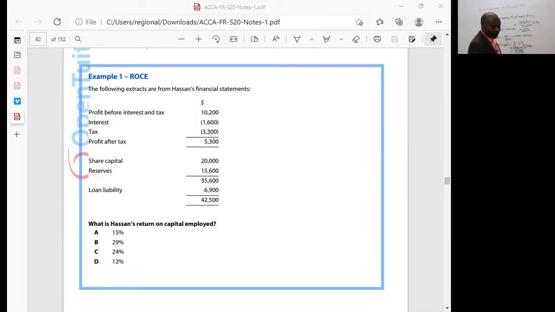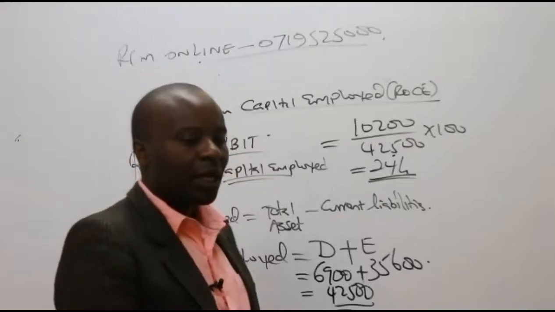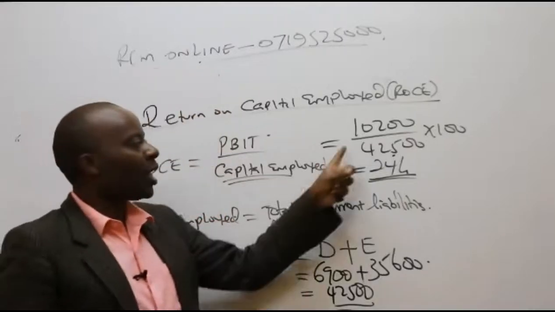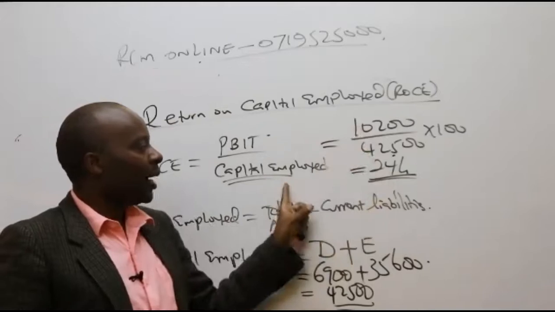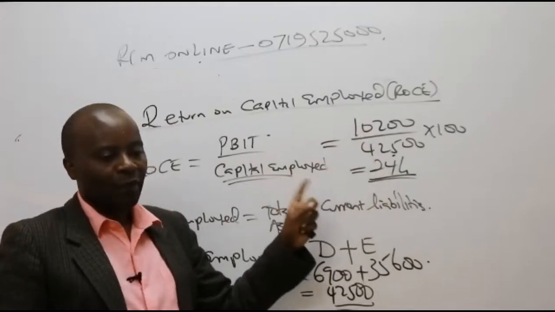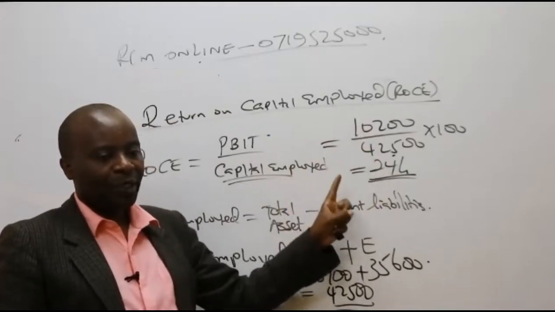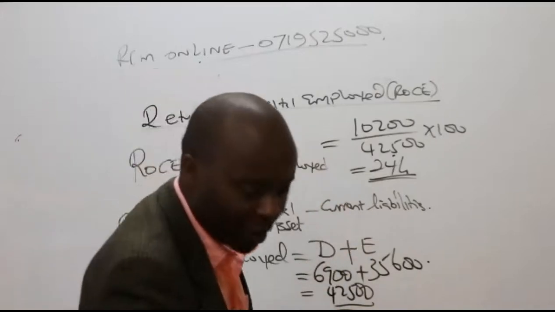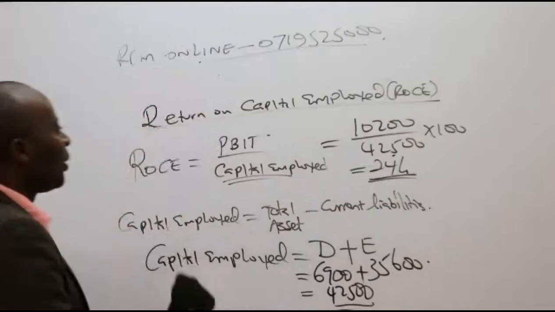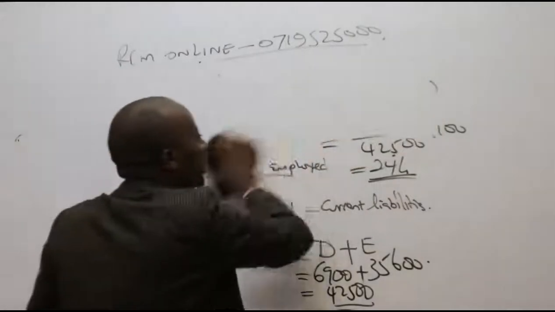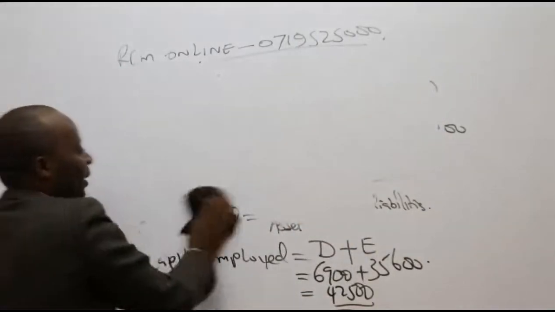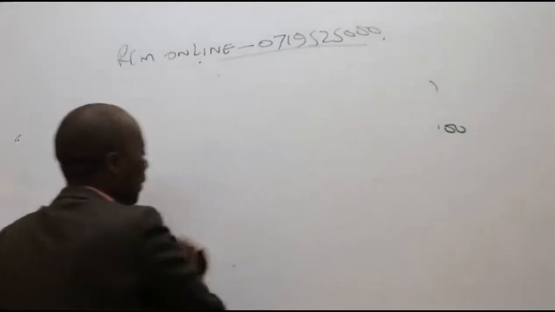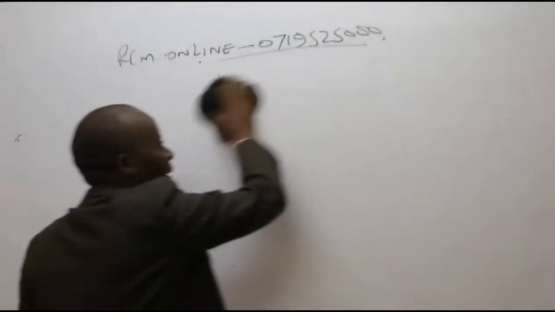What I've done is take the profit before interest and tax, 10,200, divided by capital employed of 42,500, and change it to a percentage, which gives me 24%. That is quite an important profitability measure. It's important that we learn how to calculate these ratios.